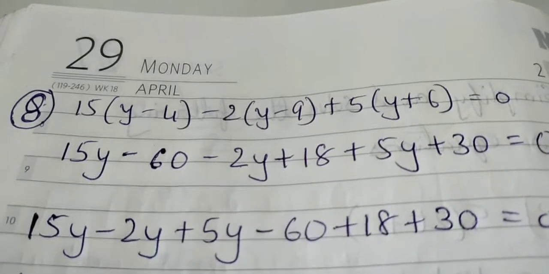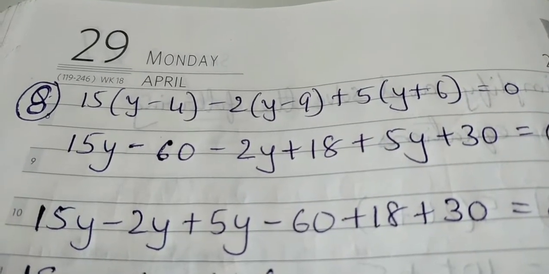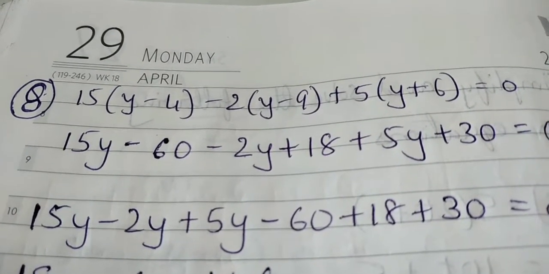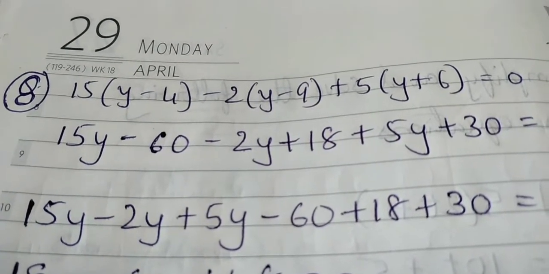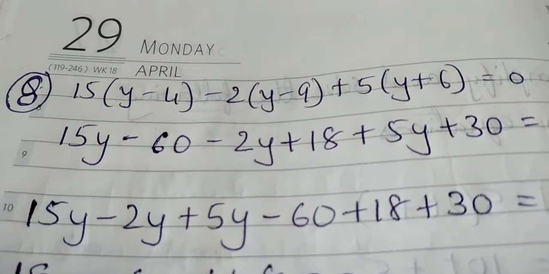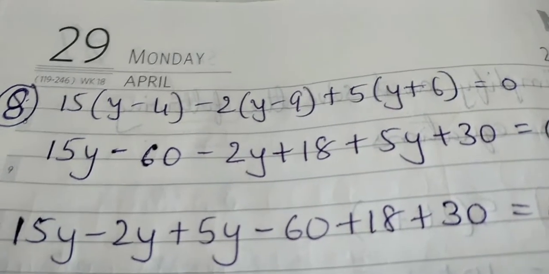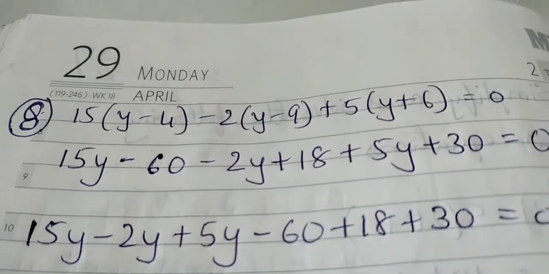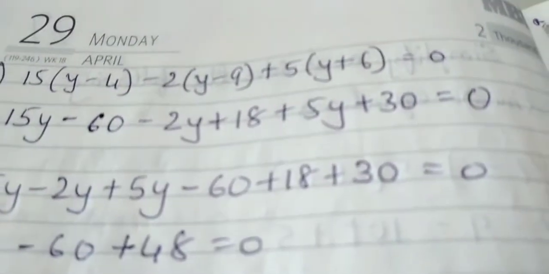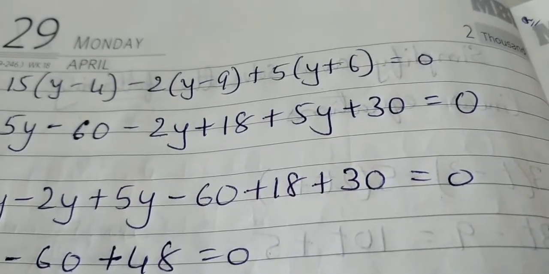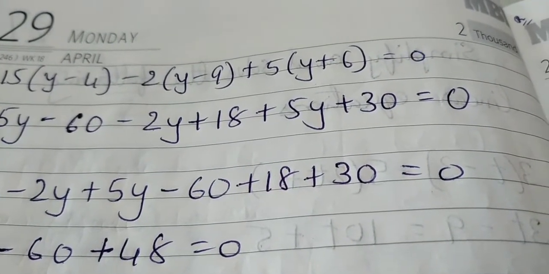Let's start the multiplication. 15y minus 15 4s are 60, bracket finished. Now a new bracket started. 2y and as 2 is negative, minus 2 into minus 9 gives you plus 9, and then we move on to the third bracket where you can see 5y plus 5 6s are 30 is equal to 0.